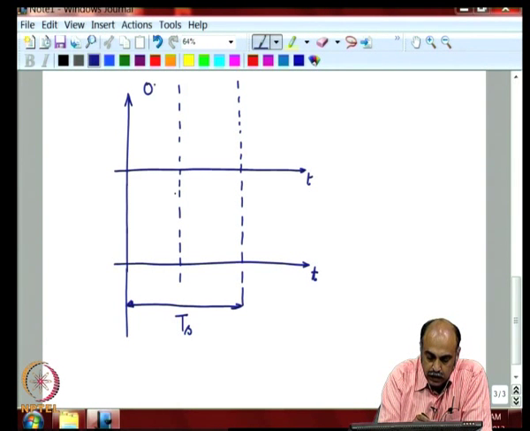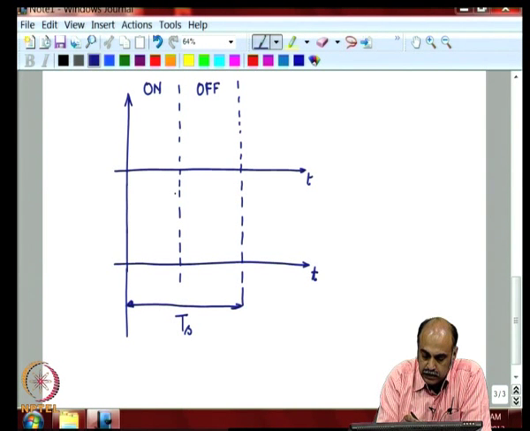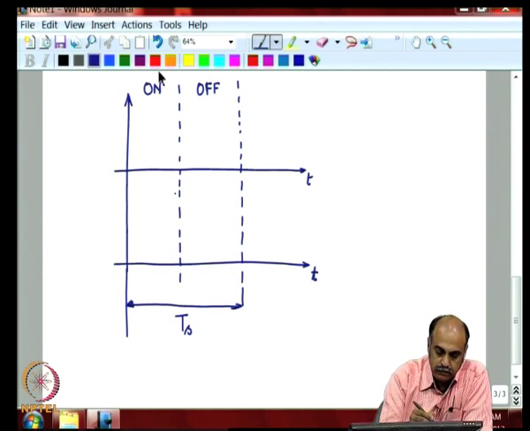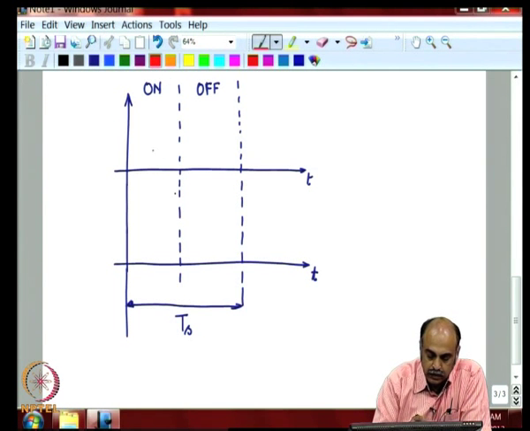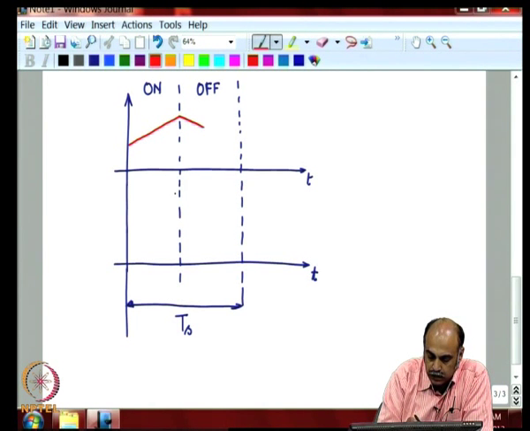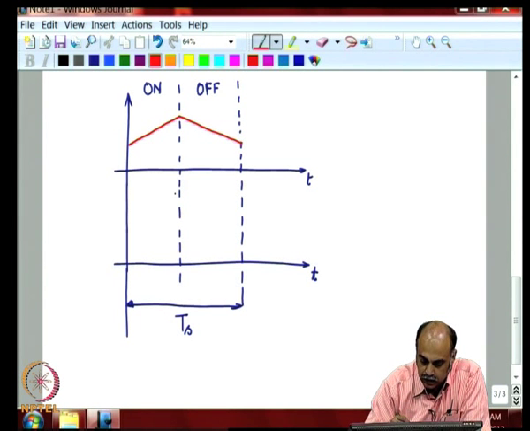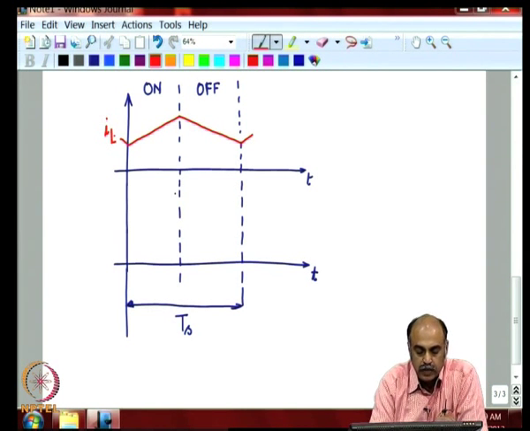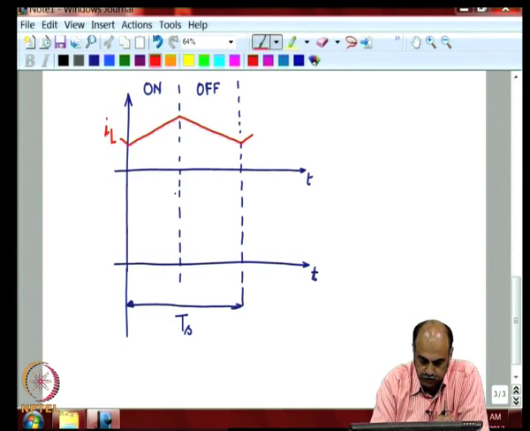This is the on time and this is the off time of the DC-DC converter power semiconductor switch. So, during this time the inductor current is rising, falling back, steady state, rising, and so on. So, this keeps repeating, and this is the IL, the inductor current wave shape.